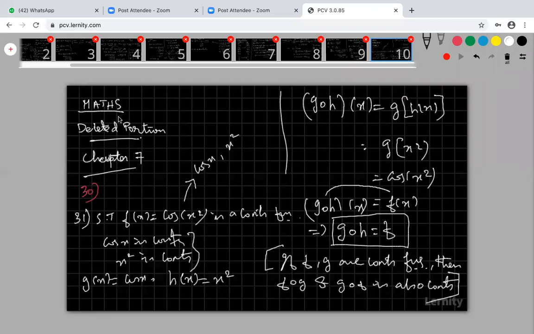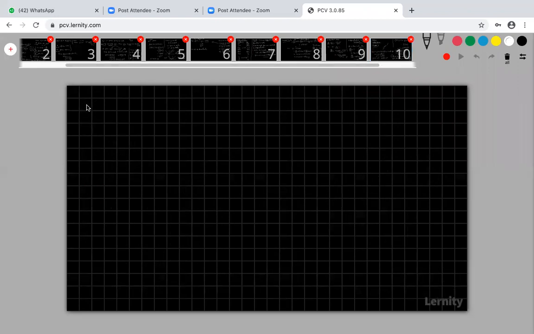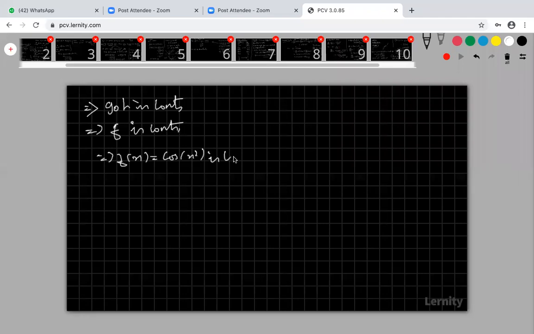Are you okay? So look at that. This implies my g composition h is continuous, which implies my f is continuous. My f of x is nothing but cos of x square. This is continuous. Are you clear?